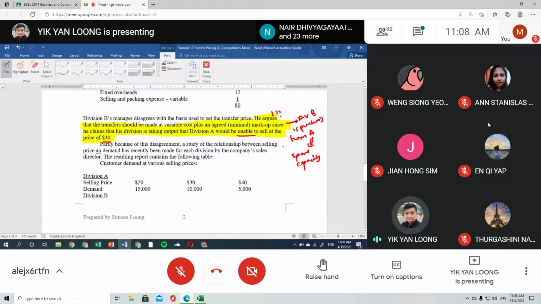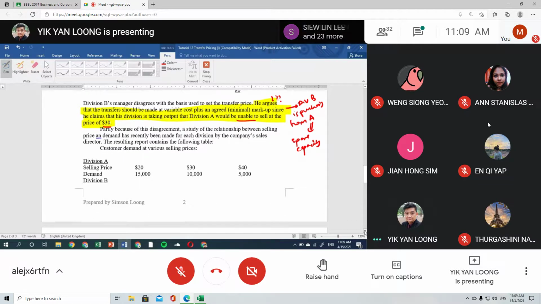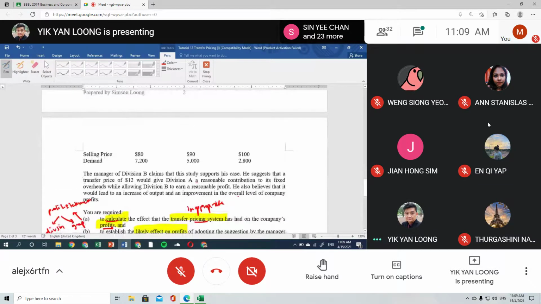So division B is the one that determines the quantity which is produced accordingly. Because of this disagreement, there is a study of the relationship between selling price and demand. They are given these two amounts. So the manager of division B claims that this supports his case.